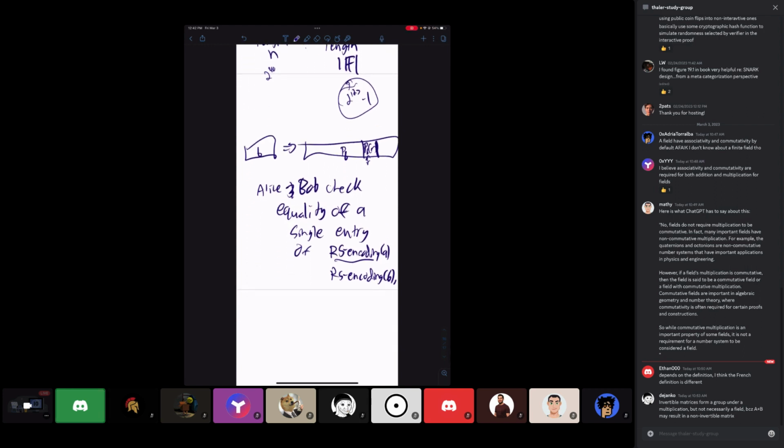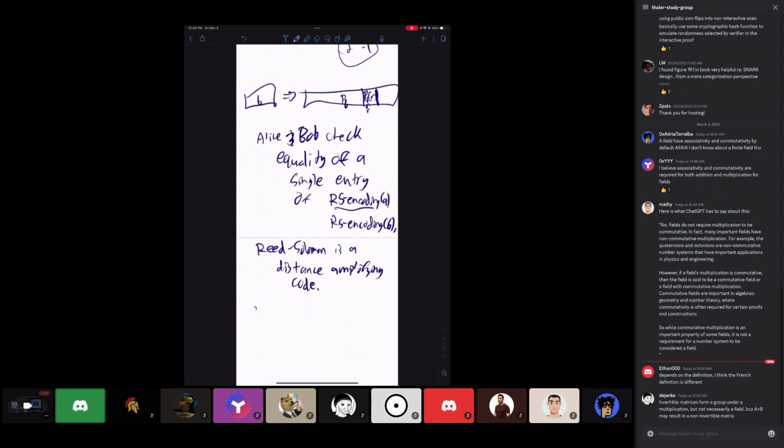And what's happening is that the Reed-Solomon code is what I call a distance amplifying code. Okay, so that means if A and B differ in even one entry, their Reed-Solomon encodings will differ at almost all entries.